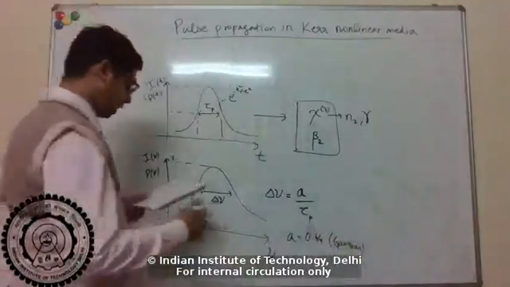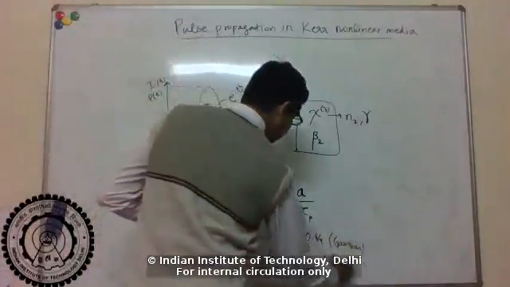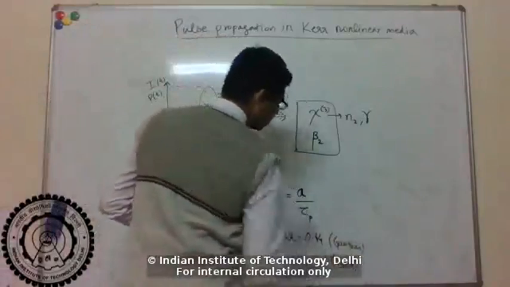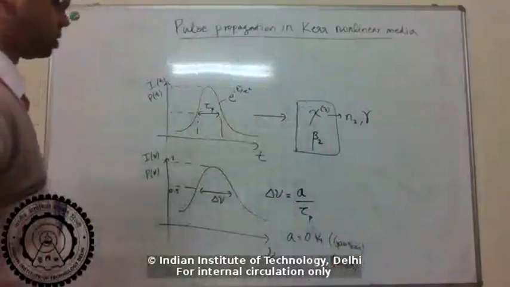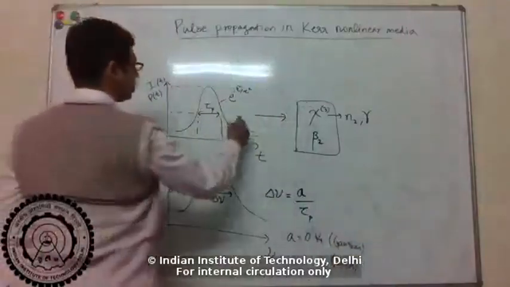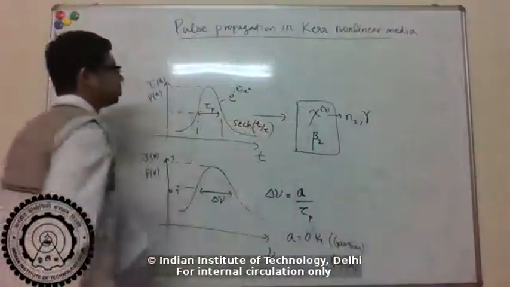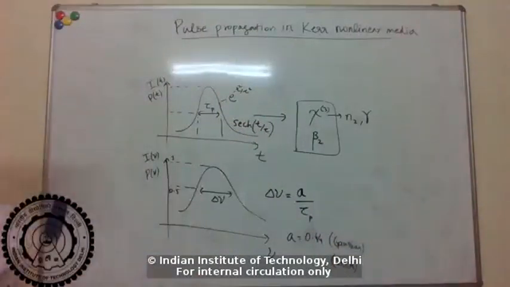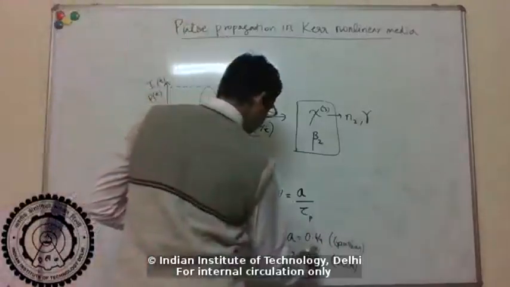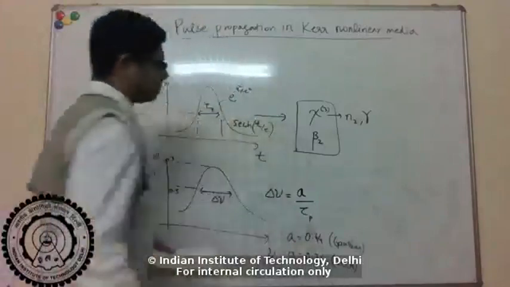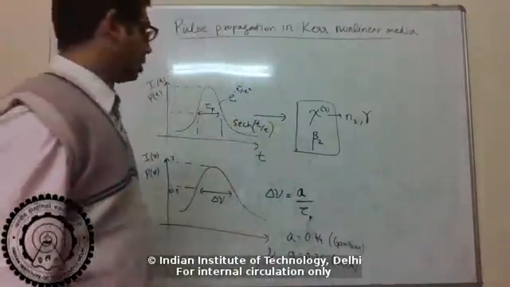Another common shape is the secant hyperbolic, 1 over cosh, so the pulse would be sech of t over tau. For such a pulse, A is 0.36. But anyway, that's just a constant which depends on the shape of the pulse.